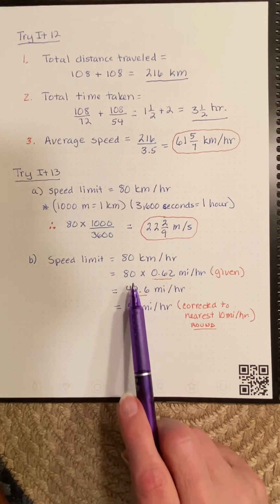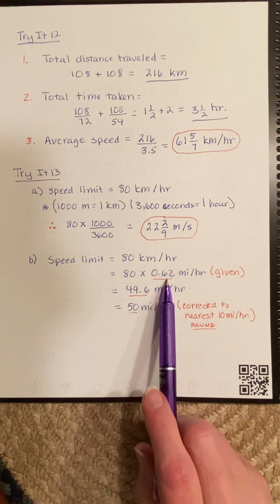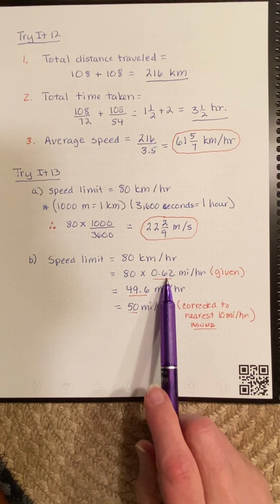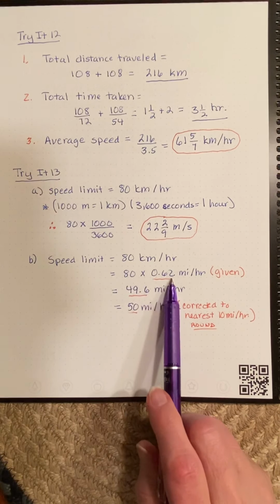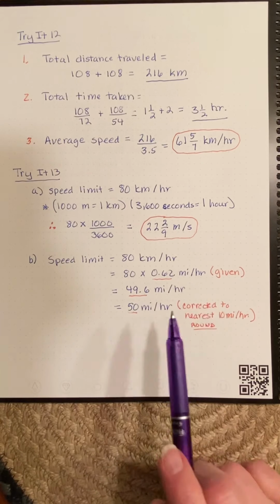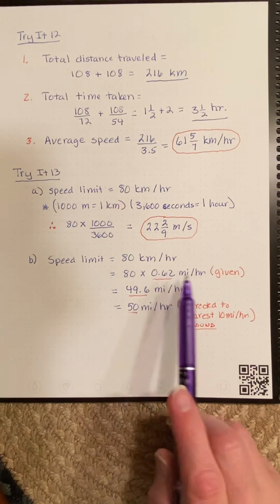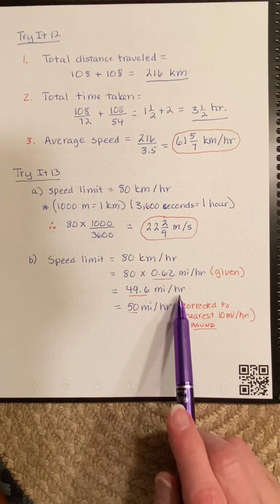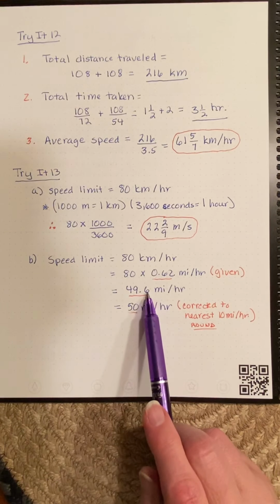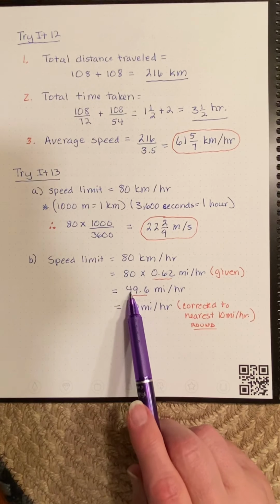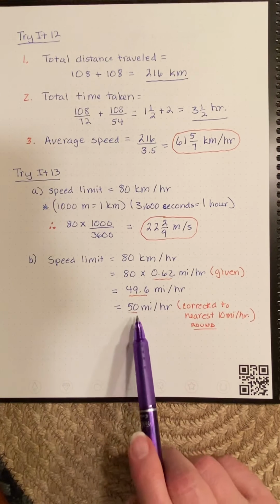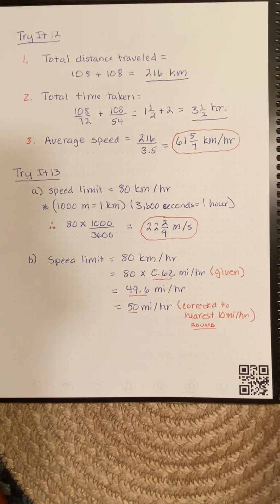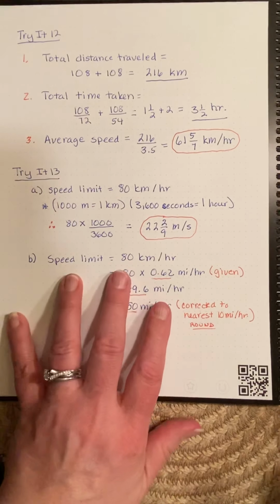You're going to take the kilometers and just multiply it by the conversion because they gave it to you. So 80 times 0.62, that's given, ends up being 49.6 miles per hour. So I need to round it to my nearest ten, which is 50. So 50 miles per hour is my answer for letter B.